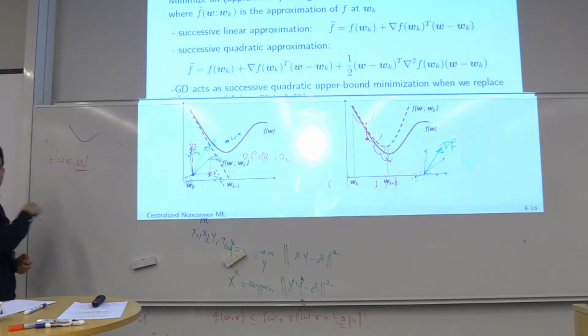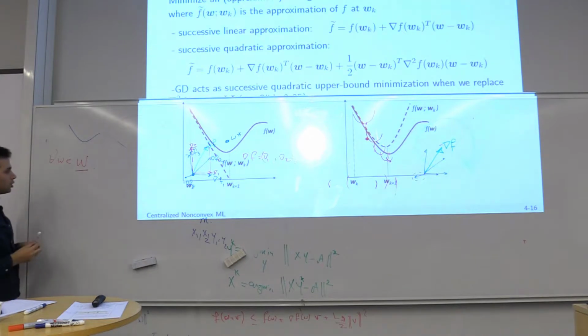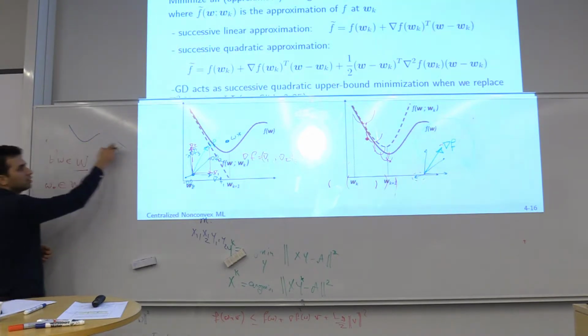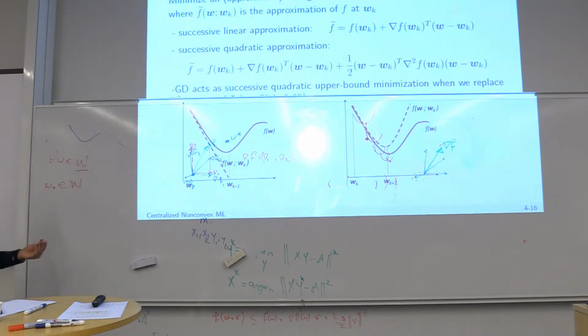And my task is just to make sure that W0 is within this W. Again, I don't need to say that the function is convex everywhere, or convex here, here, here. My task is just to find one of those W's and see whether I'm happy with that or not.